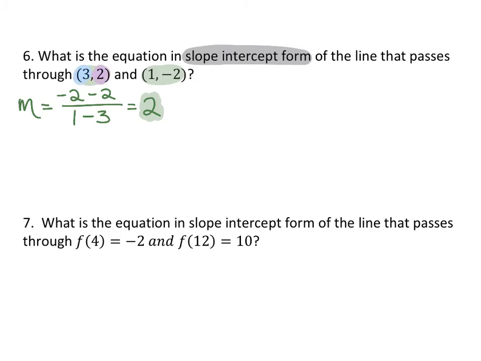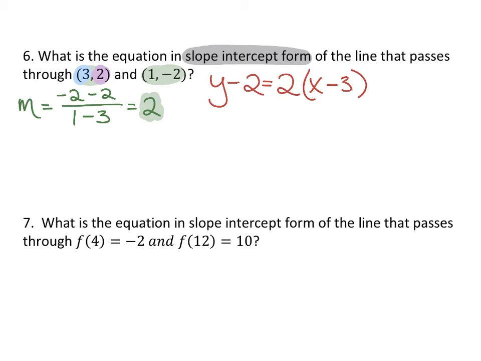Sweet, so let's do that. We have y minus y1, so that's 2, equal to m times x minus x1, that's 3. I don't have anything to simplify here because there's no double negatives, but I don't want it in point slope form. I want slope-intercept form.